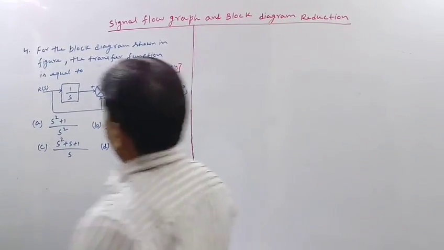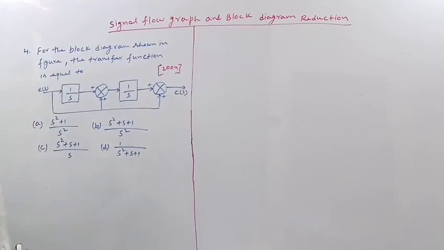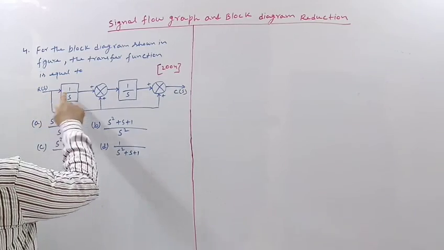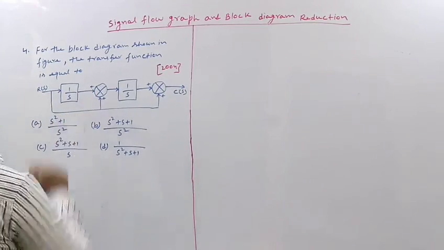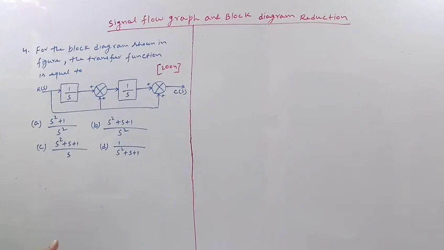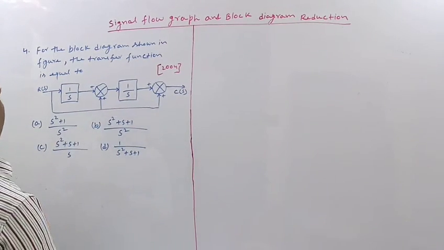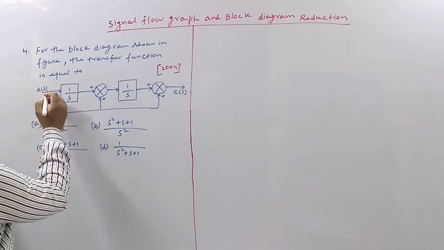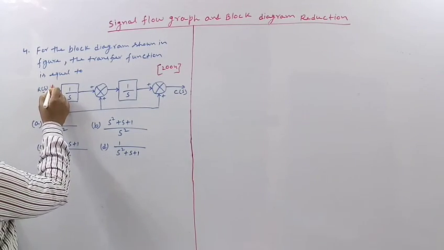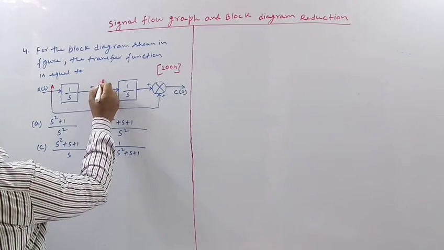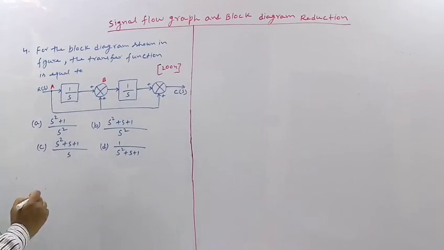Actually R(s) is here, R(s) is coming to here also, and R(s) is coming to here also. So at first let us denote the points on the given diagram. Let us denote this point as point A. This point as point B. This is the summing point.